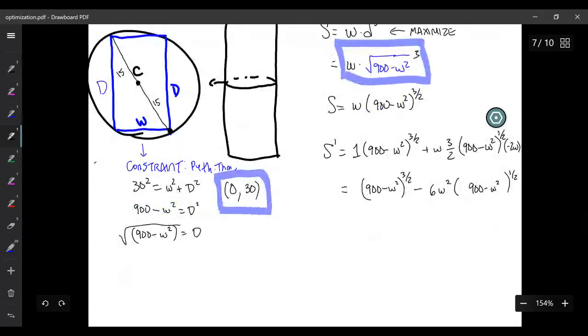So now what I can do is pull out that 1/2 power. If I pull out a 1/2 power from the second term, I just get minus 6W squared.